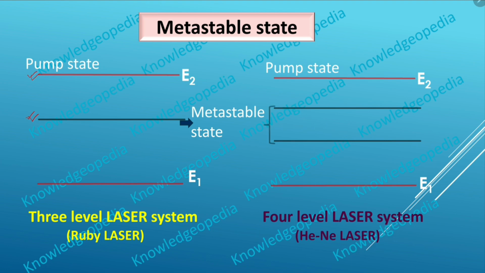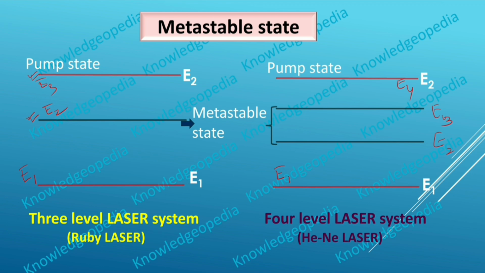Here these two are known as metastable states. Here I have written E1, E2, but in our further discussion I will take this as E1, this as E2 and this as E3 in chronological order. Similarly, for the 4-level system, I will use this as E1, this as E2, this as E3 and this as E4. So, in our further discussion, we will be using these notations.